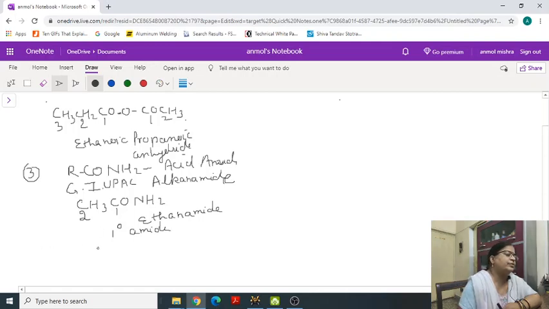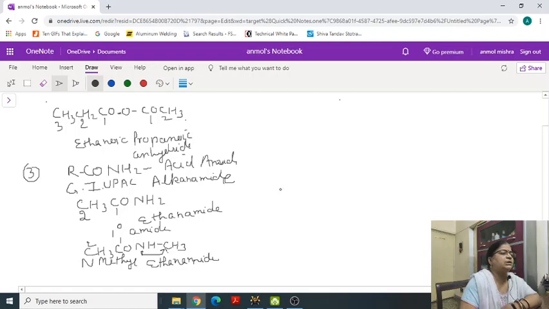If one of the hydrogens of NH2 is replaced by another alkyl group, at the N a methyl group is present, so we write N for nitrogen, N-methyl, and here it is 2 carbon, so it is called N-methylethanamide. This is called secondary amide.